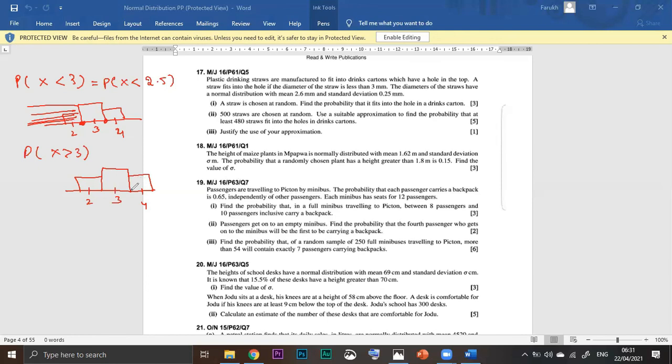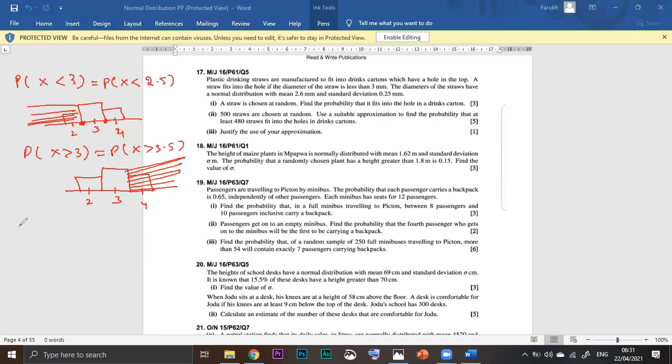No. This one is the region required. Now what should we write, 3.5 or 2.5? 3.5. Is there any confusion? No.